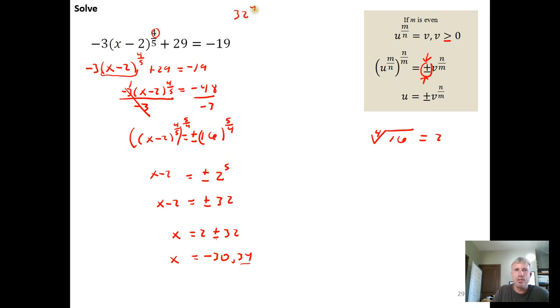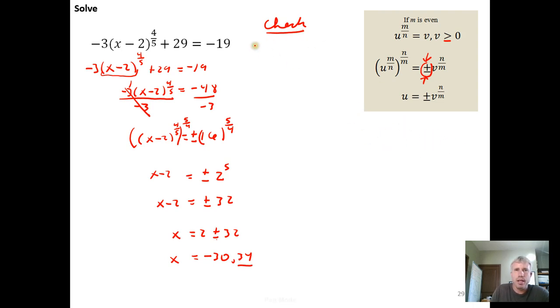Positive 32 raised to the 4th power is going to be the exact same number as negative 32 raised to the 4th power, because the 4th power will cancel that negative. So really, to check whether our solutions work, we only need to plug one of the two in, and as long as one of the two works, both of them are going to work. So I'm going to go ahead and plug the 34 in just as a check on my work.